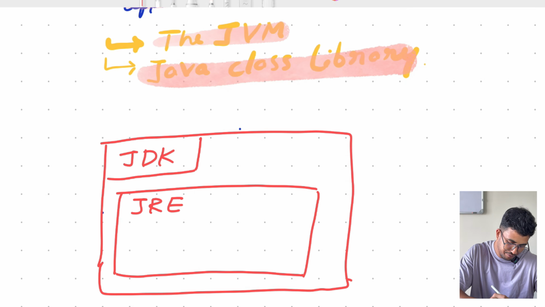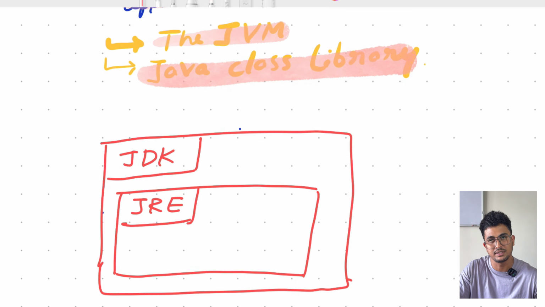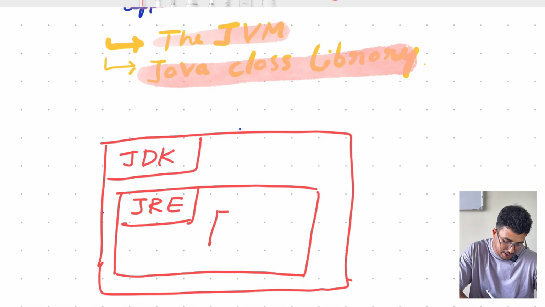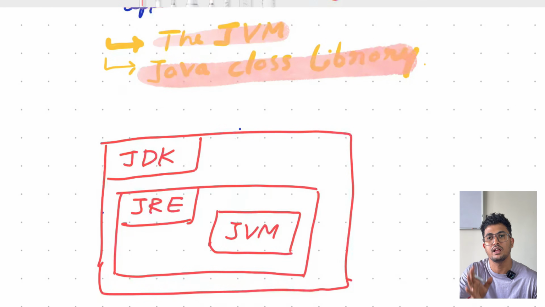We have another component in the pizza kitchen, that is the oven. We can compare the oven to the Java Virtual Machine. What does the oven do? It bakes the pizza. What does JVM do? JVM executes the bytecode.